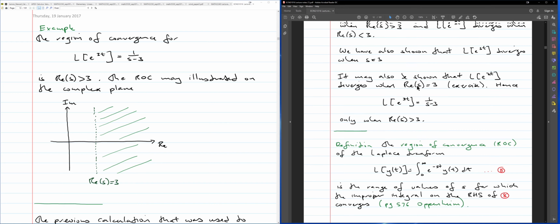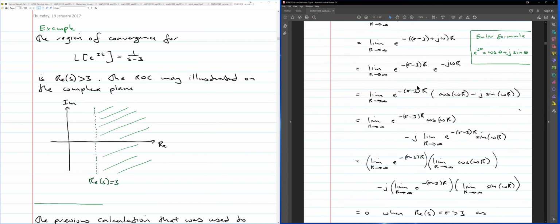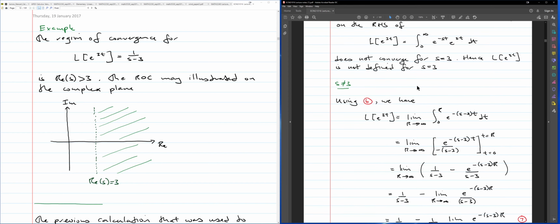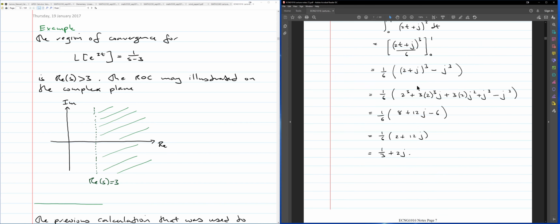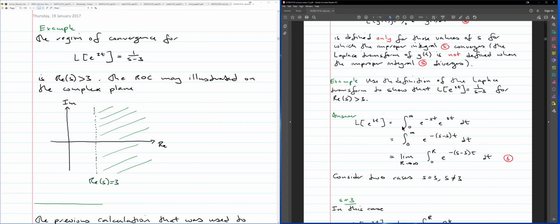In other words, the improper integral using the definition of your Laplace transform for Laplace of e to the 3t is only going to converge when your real part of s is bigger than 3.